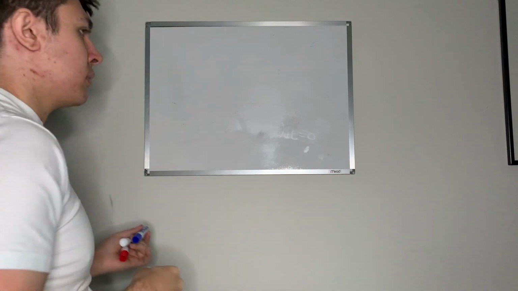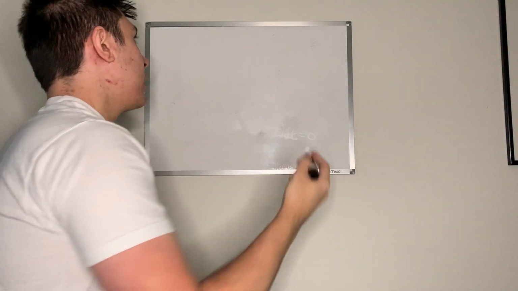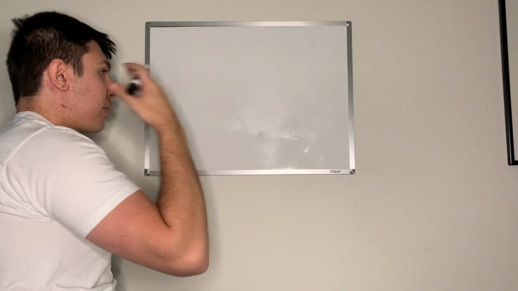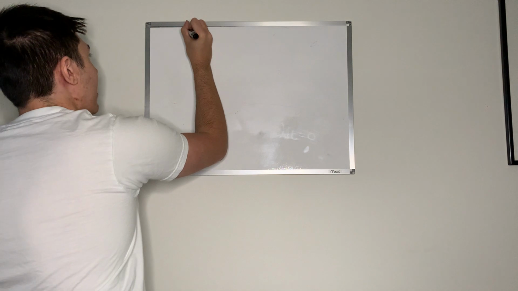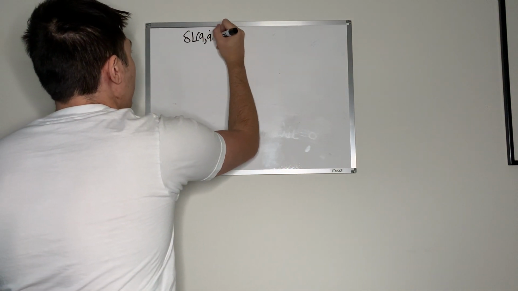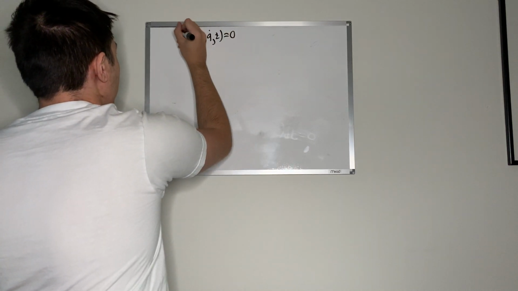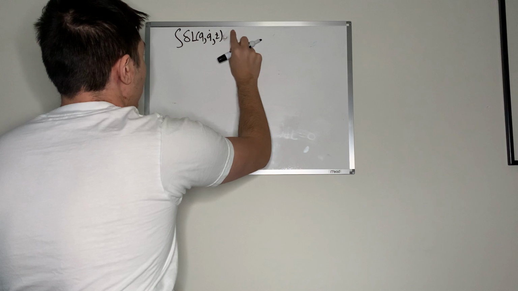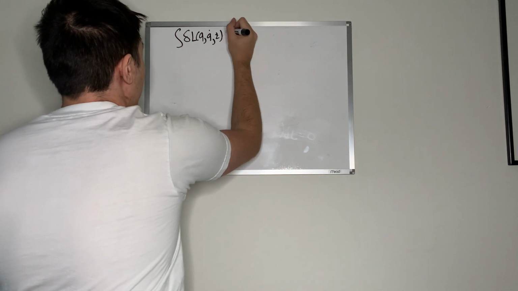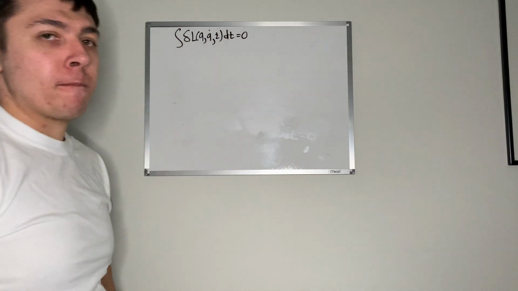So if we do that, essentially what we're going to be doing is varying, or in my head, I'm just taking a derivative. That's the way I think about it. So we're going to say this integral of delta L of q, q dot, t equals zero. And I should have a dt here. And this should be equal to zero, right?